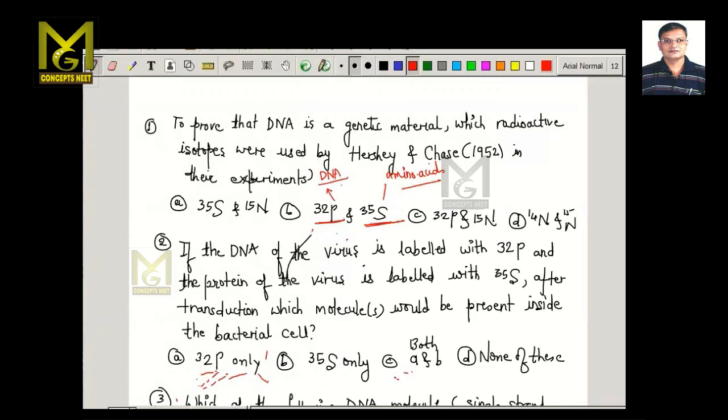So we already know that phosphate is a part of DNA, this is a part of DNA or a nucleic acid, and sulfur is a part of amino acid. So in the Hershey and Chase experiments, these were the isotopes that were used. So the correct option in this case is B.